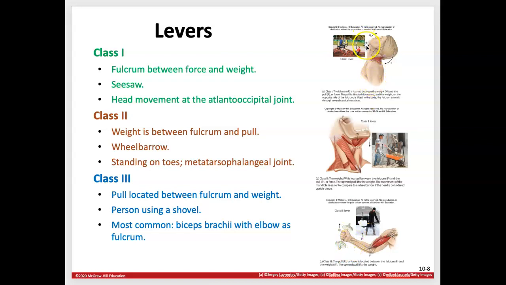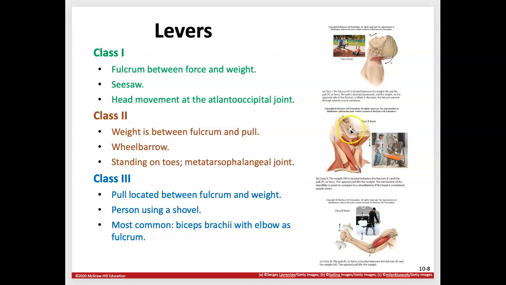So class 1 is the neck, the atlanto-occipital joint at the neck. Class 2 is also, sorry, I had a moment there. So class 2, a real life example would be like a wheelbarrow being lifted and moving. And the picture here is not showing the example that's written here. The picture here is showing the jaw.